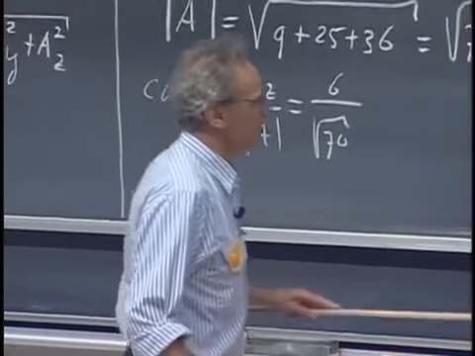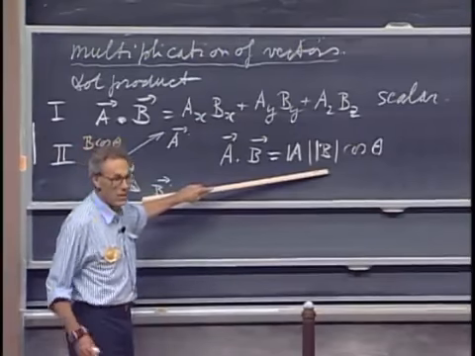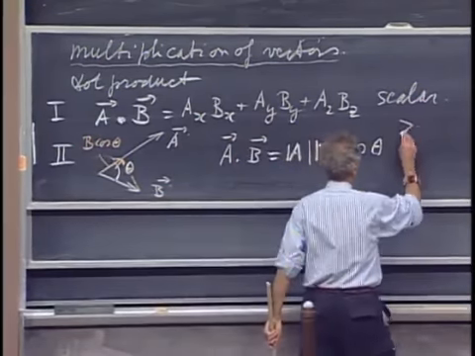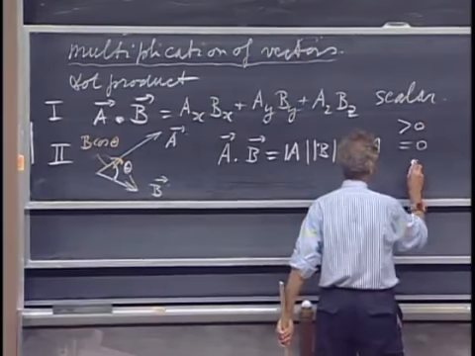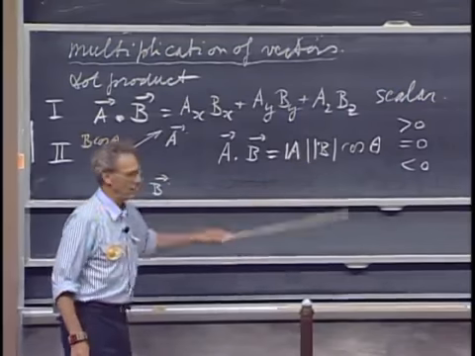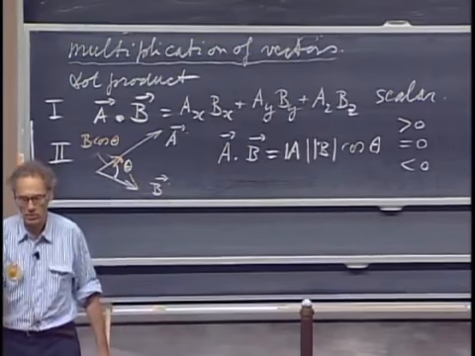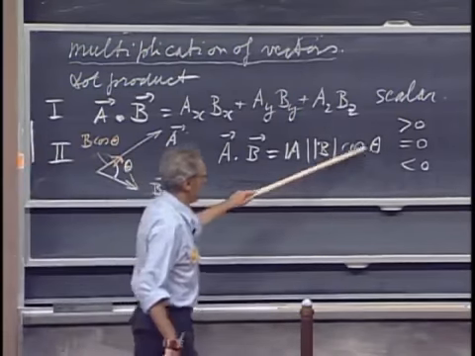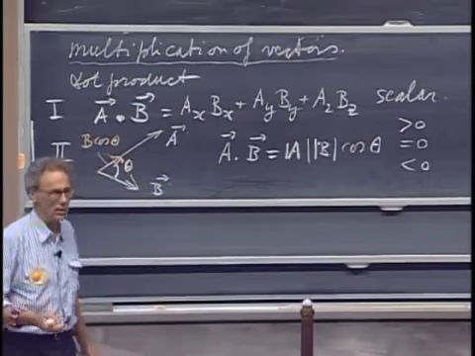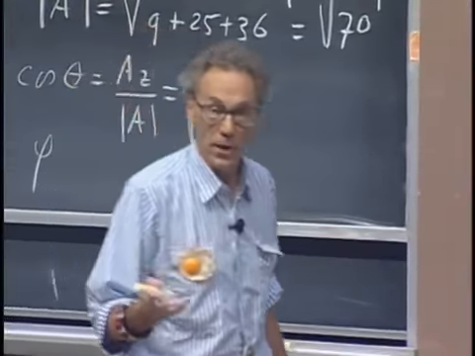You can immediately see by looking at this, it's easier to see than looking here, that the dot product can be larger than 0, it can be equal to 0, and it can be smaller than 0. A and B are, by definition, always positive. They are the magnitude. But so it's determined by the cosine of theta. If the cosine of theta is larger than 0, well, then it's larger than 0. The cosine of theta can be 0.